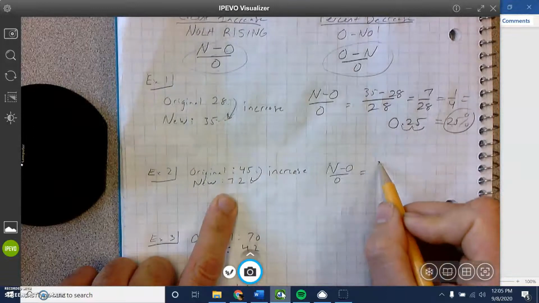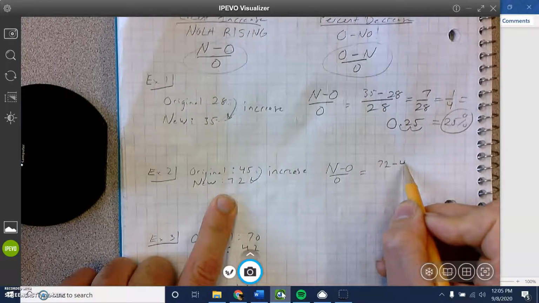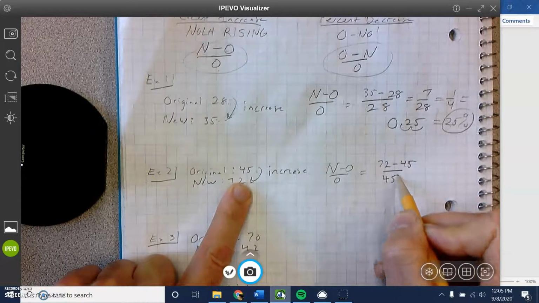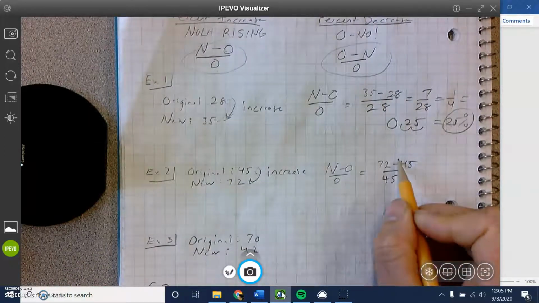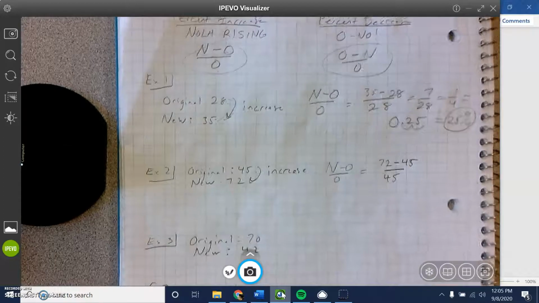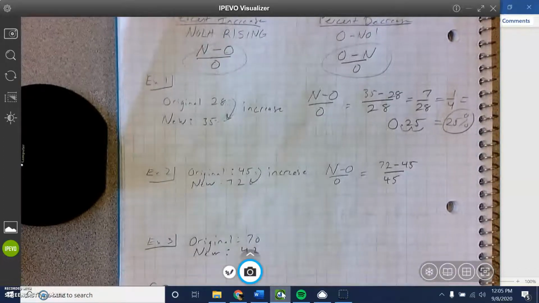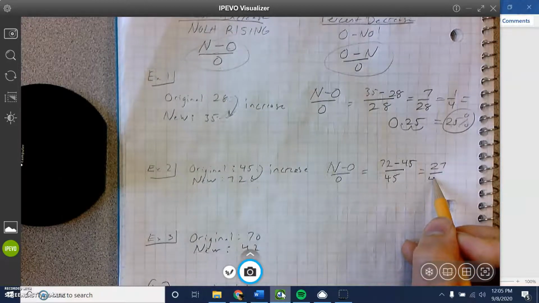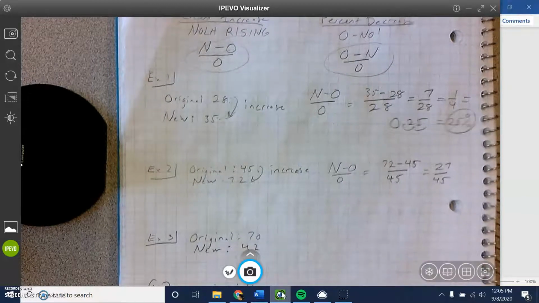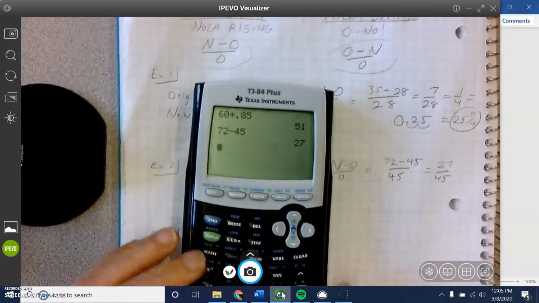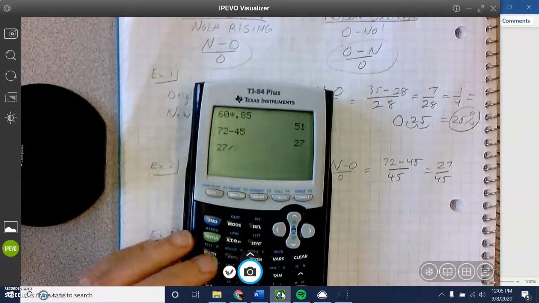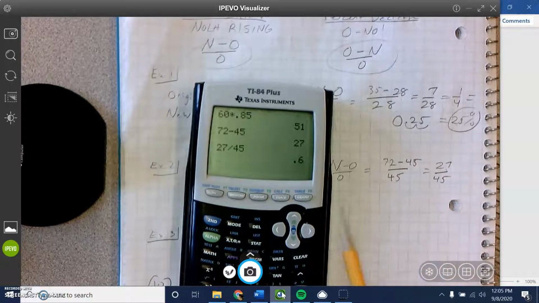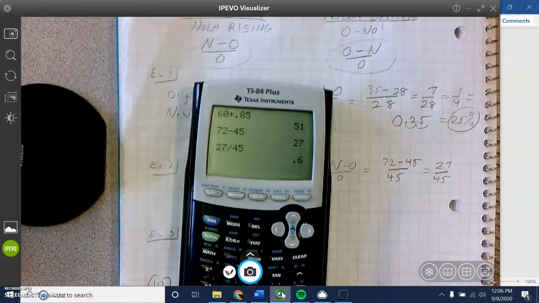New minus old over old, or original, same thing. 72 minus 45, calculator, is 27. 27 divided by 45 is 0.6.